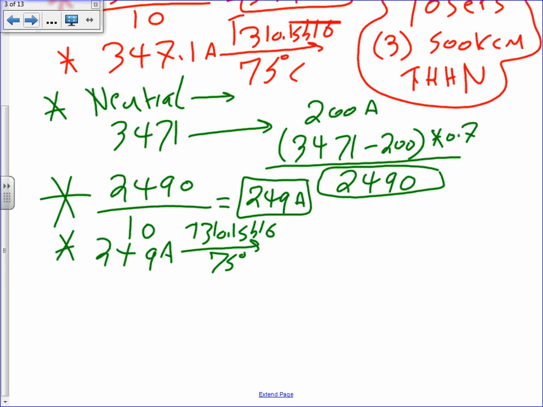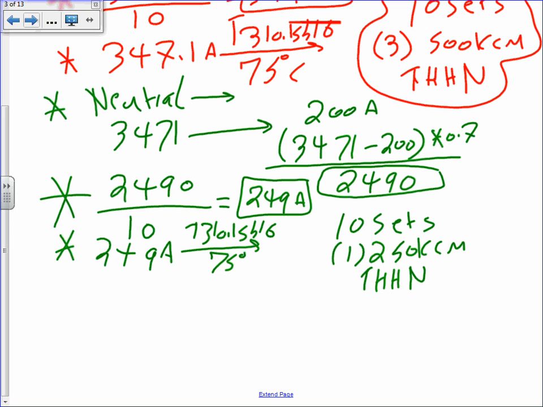What do you get? 10 sets of 250 kcmil, one conductor, THHN. Any question, guys? Makes sense? So that's your neutral.